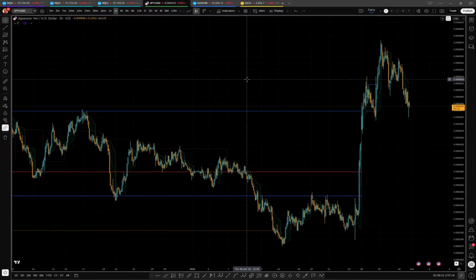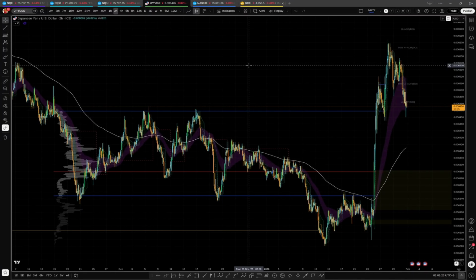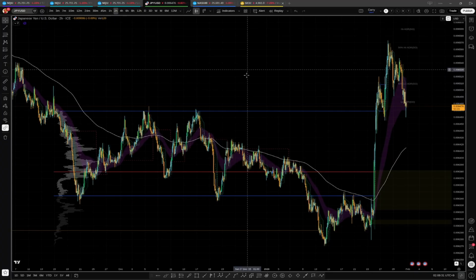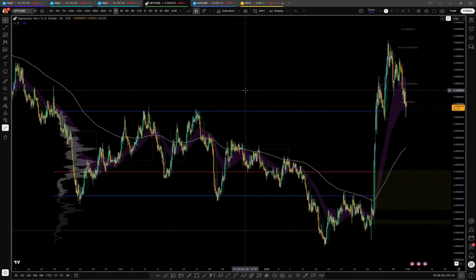So, the yen. Generally, when the yen is strong, it can have implications on risk. Same goes for when it's weak.